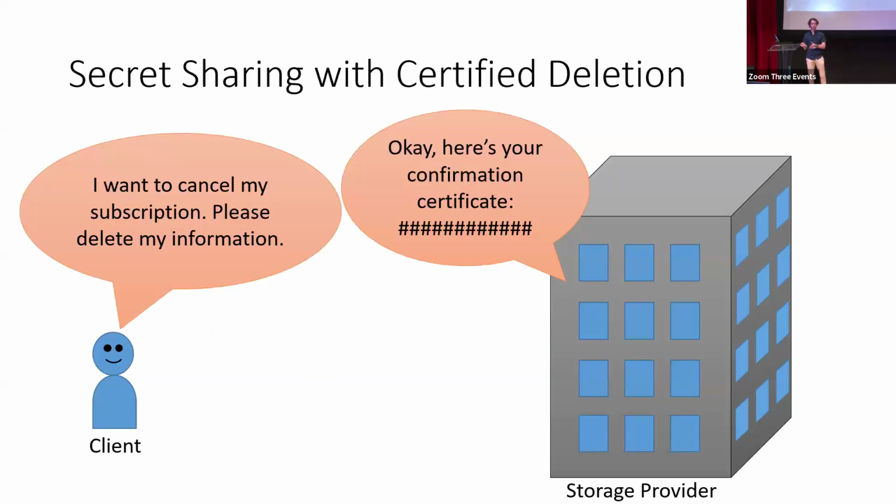So now with this tool, you can give out all of your shares to the different storage providers. And when you want to cancel your subscription with some storage provider, or if you suspect them of having a data breach, you can ask them to delete your data. And if they give you back a valid certificate, then you know that your data cannot have been sold or otherwise leaked.